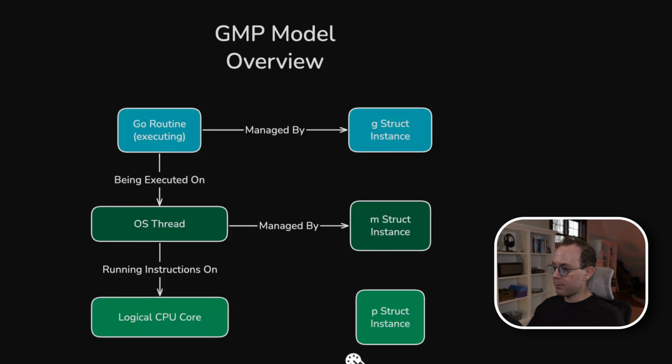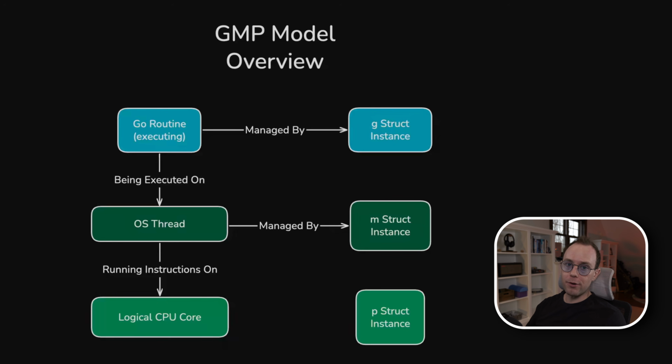So then, why do people relate the P struct to processors on the machine? When the Go runtime starts up, it will allocate a specific number of P instances. And that number is equal to the GOMAXPROCS environment variable, which defaults to the number of logical processors on the machine that Go is running on.